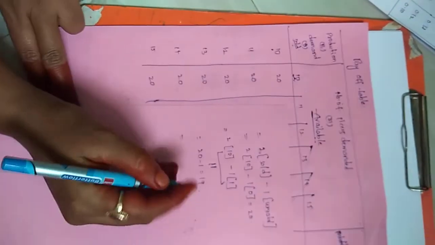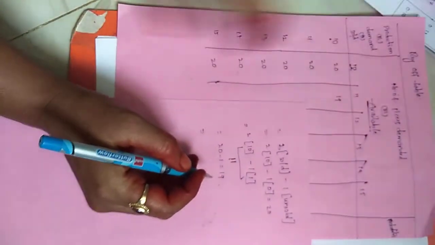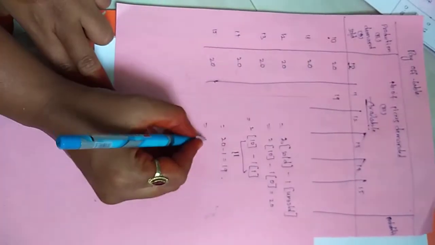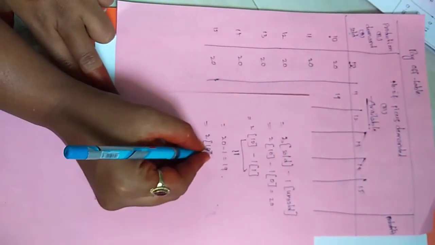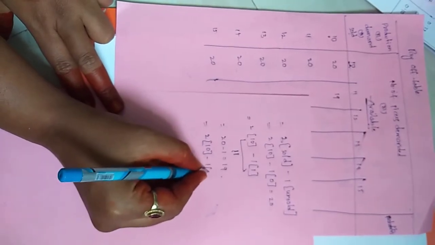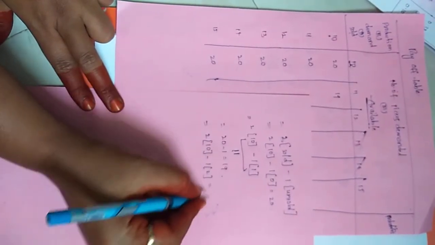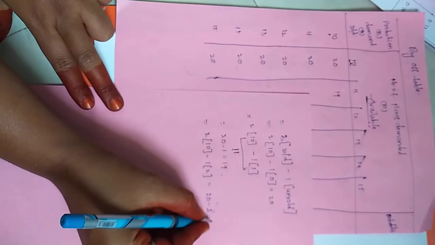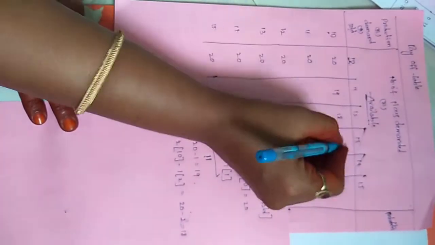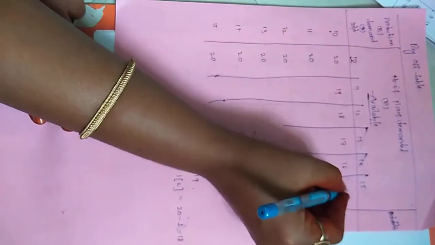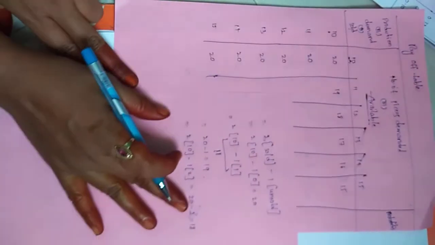Next, available are 12, sold are 10. It means 2 into 10 minus 1 into 2, that is 20 minus 2, that is 18. Next, it is 20, 19, 18, 17, 16, 15. That is the logic.